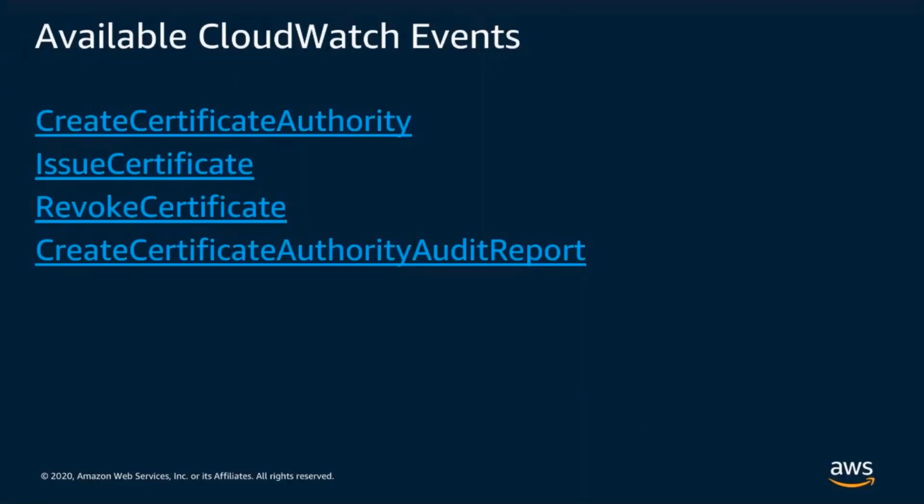You can subscribe to these events so that you are alerted at any time an individual creates a new certificate authority, or revokes a certificate. This is an important aspect of security so that if an action is taken, you can quickly remediate that action, as well as be aware of all of the activities that is going on in your organization.